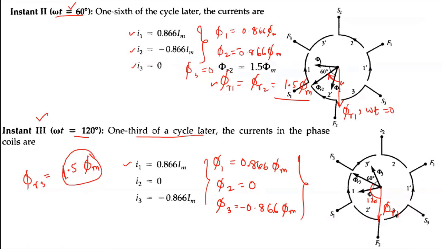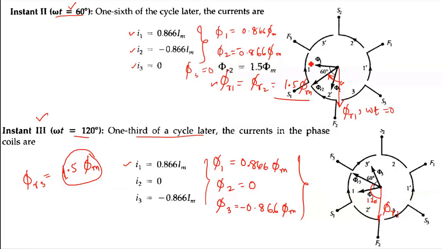Now let us see what time it takes. Before moving ahead, we can see here that each winding for each phase is making one pole pair, right? That means I can say that here is one pole.